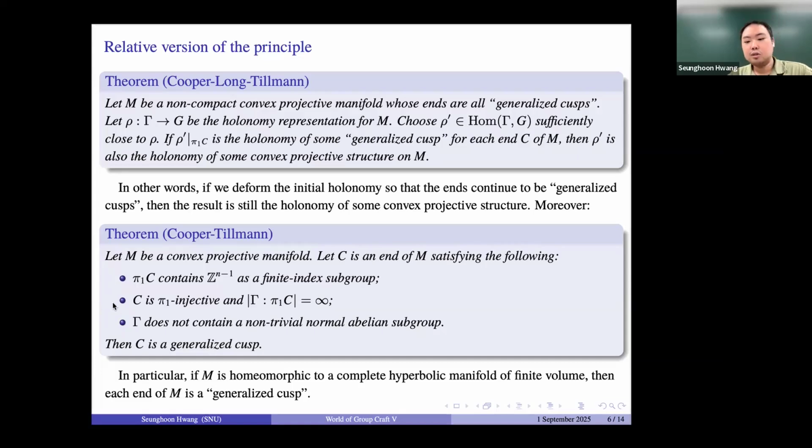So whenever we try to understand the deformation space of convex projective structures of a complete hyperbolic manifold, we have a distinguished point, and moreover, we know what specific ends will appear in such deformations. So people were really intrigued by this and tried to understand what generalized cusps are, how they are classified, or how we can achieve them by deforming a hyperbolic manifold.